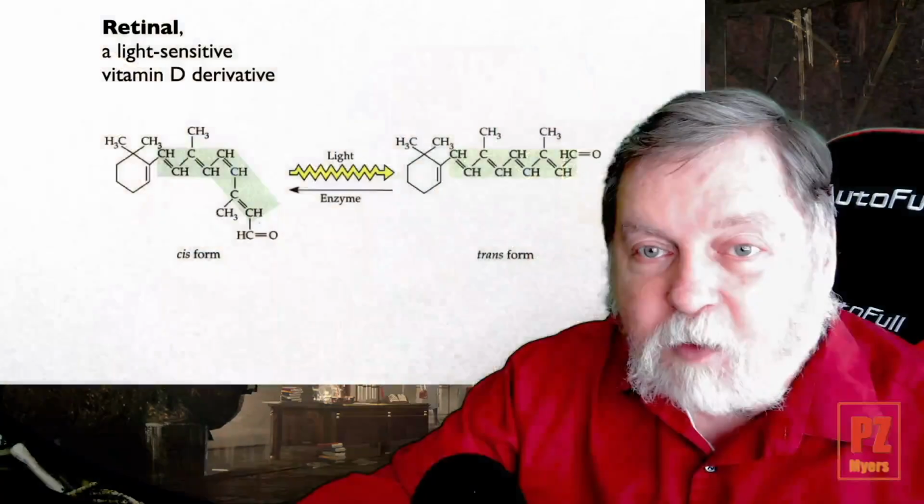We're not going to be making images. We're not going to be using this for vision. These are capabilities that we can use just to detect whether it's light or dark out. That's all it does. And this is probably the oldest of the sensory capabilities we have. It's pretty basic stuff. So let's take a look at how that works.